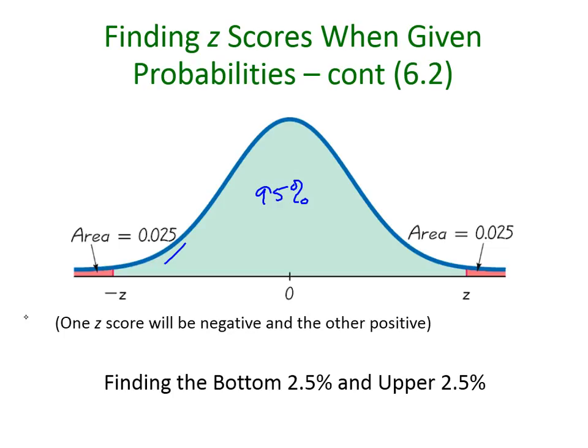If we start with the easier one, find the lower tail. What is that z-score that separates the bottom 2.5%? So first a question, am I looking on the positive or the negative z-scores? This time I'm on the negative because I'm definitely on the left side. Find 0.025 in the body of your text.